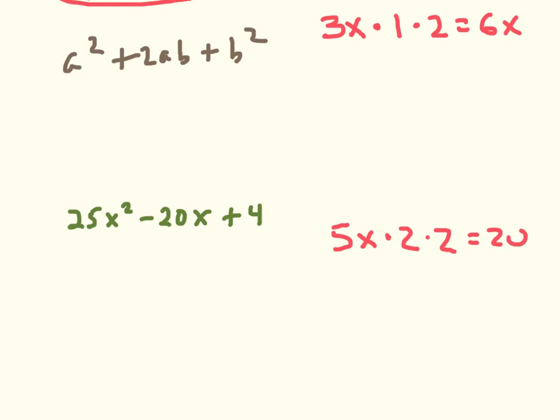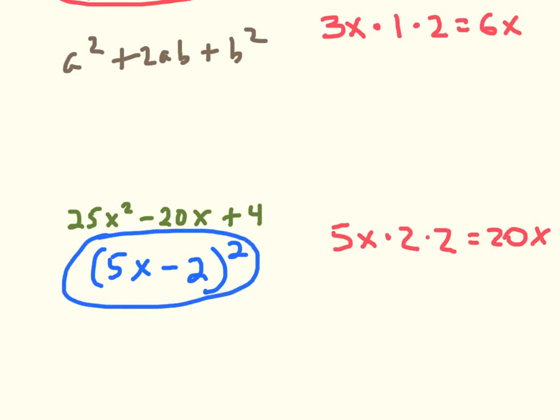And it's okay to get a positive there, because when we factor this, we're going to need to have a negative between the two terms of the binomial that it factors to. So this will be 5x minus 2, the quantity squared, and that minus follows the a minus b squared pattern.